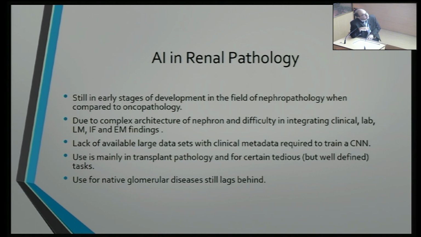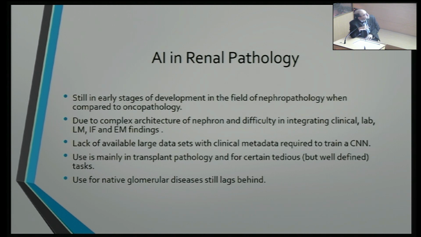So moving on to the final part, this is the artificial intelligence in renal pathology. Artificial intelligence still is in early stages of development in the field of nephropathology when compared to other fields of pathology, especially oncopathology, where it has come up in a big way.